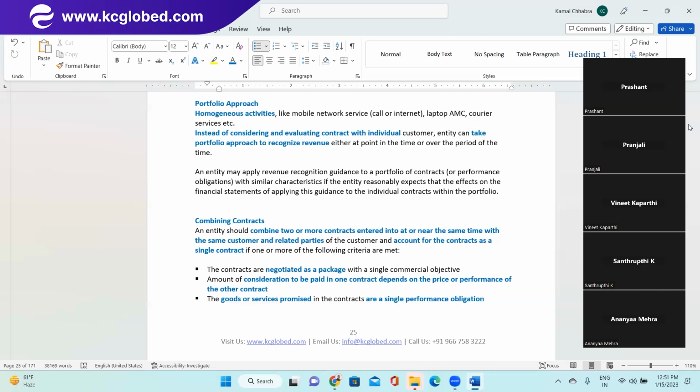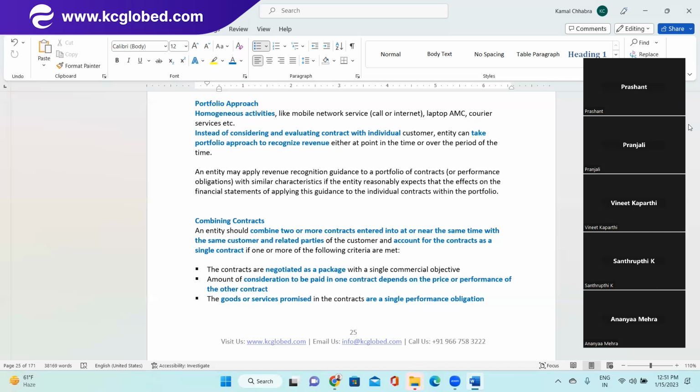So rather than evaluating all 10 million or 15 million or 20 million user contracts, it is better to evaluate one mobile network contract, one internet or broadband service contract, one dish TV contract, one bundle contract, and different combinations and permutations they have for the respective services.